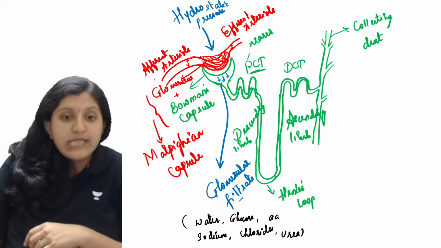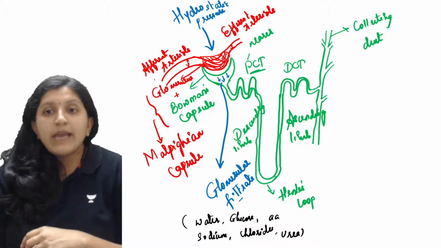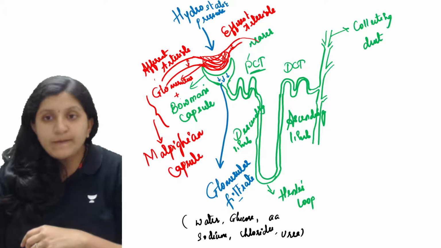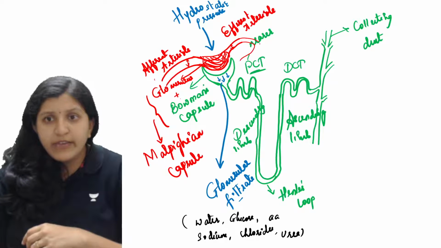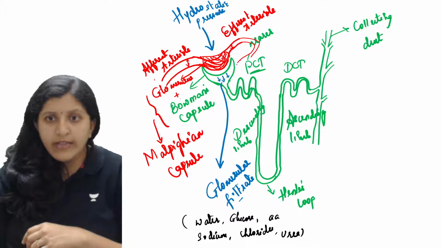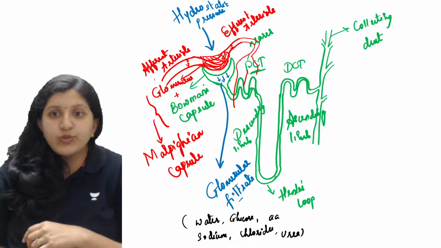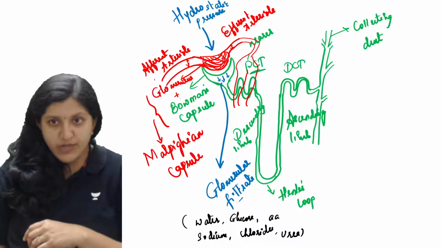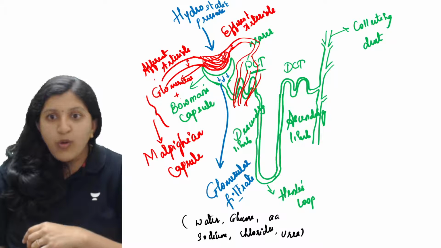So how does that occur? Only the required things can be taken back by the blood, where you can see this arteriole. It is dividing further, forming a secondary set of capillaries around this structure. Then all these capillaries will join back.